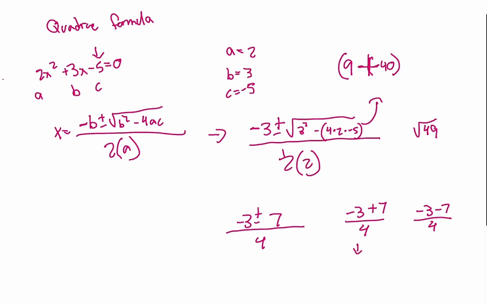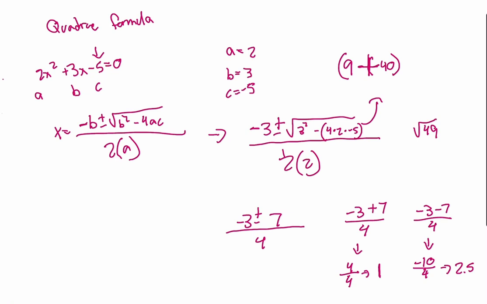So for the term on the left, we're going to do negative 3 plus 7, which is 4. It's essentially 7 minus 3 over 4. And then on the one on the right, we're going to do negative 3 minus 7. Negative 3 minus 7 is negative 10 over 4. 4 over 4 simplifies to 1. Negative 10 over 4 is essentially going to be 2.5, or 2 2/4, or 2 1/2.